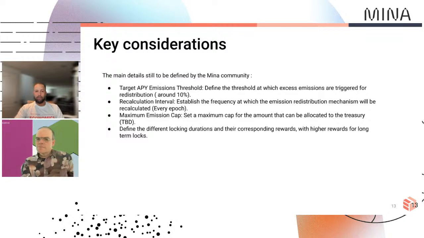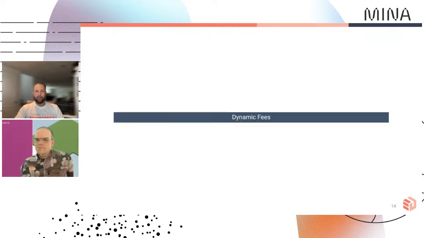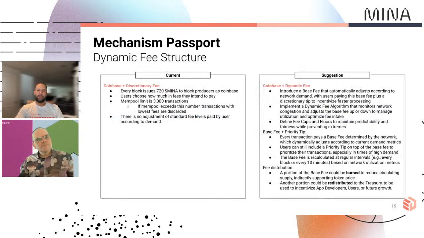Oh, I forgot to say that there's one more slide I did not present, which is about the dynamic fees, because this is going to be discussed at a later phase. So this will be discussed if we finish the details about the first proposals and they get approved and we start the implementation. So the next phase would obviously be to look at introducing a dynamic fee structure.